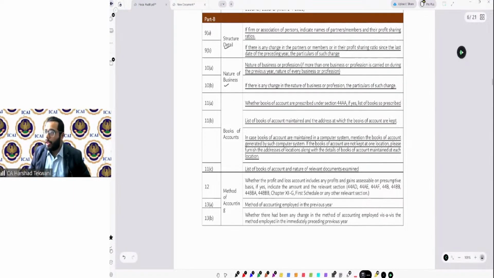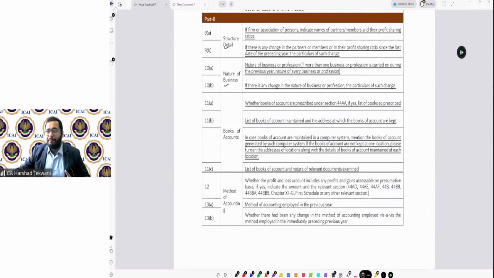If you see this particular clause, it talks about the list of books of accounts. Which are the books of account generally? Section 44AA prescribes a list of books of account that are required to be kept at minimum, for the class of people prescribed in section 44AA.